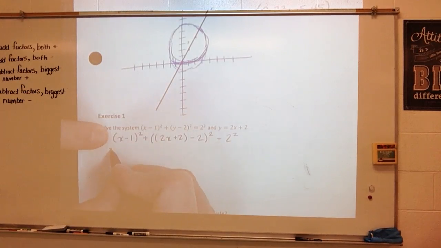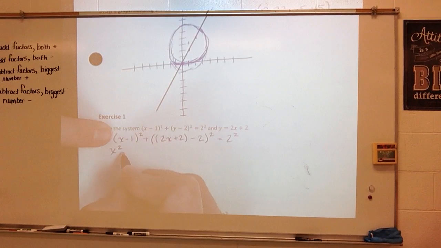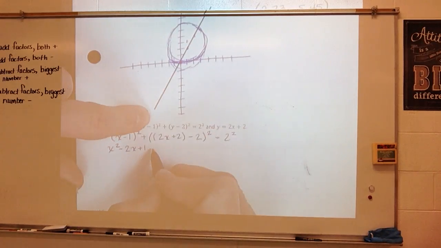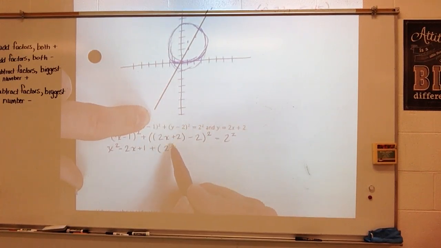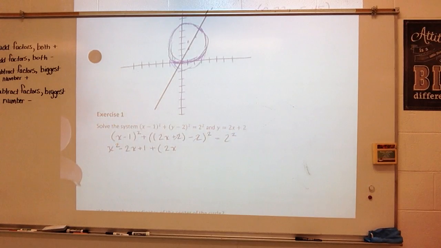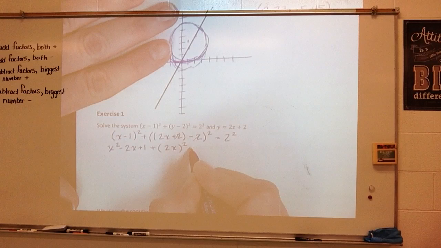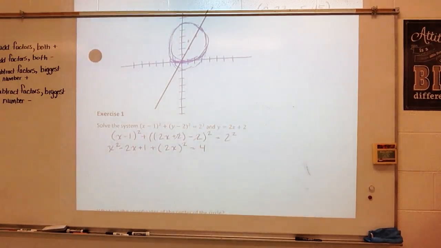So I get x squared, negative 1 plus negative 1 is negative 2x plus 1, and I just got that by multiplying that out, plus, I get 2x plus 2 minus 2 cancel out, so I get (2x) squared is equal to 2 squared is 4.